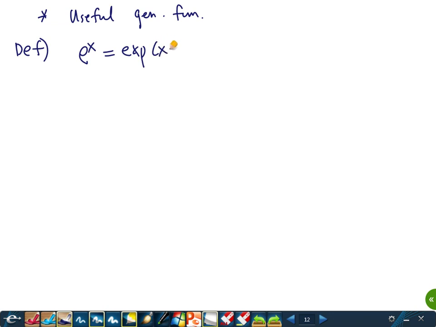Okay, some useful generating functions. This is another definition. e to the x, or exp of x, is defined to be this. This is a formal power series. This is useful because it has nice properties.